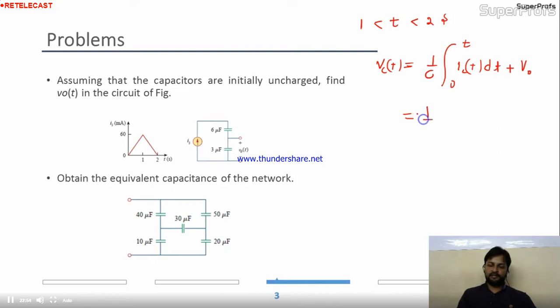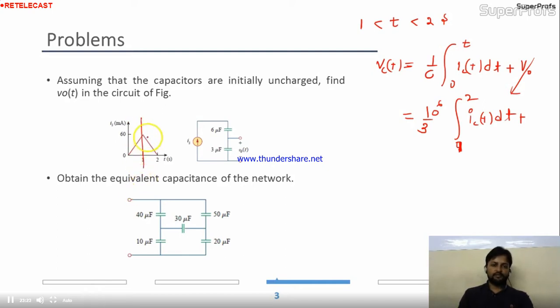So 1 by C. What is the C over here? 3 micro, 10 to the power 6 will go out. 0 to T. Now friends, please try to understand. Here the value is 1. Here the value is 2. Here ICT dt. What about this initial value? Where the capacitor current is going to change at t equal to 1, right?